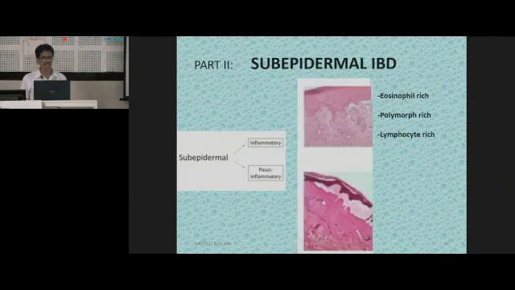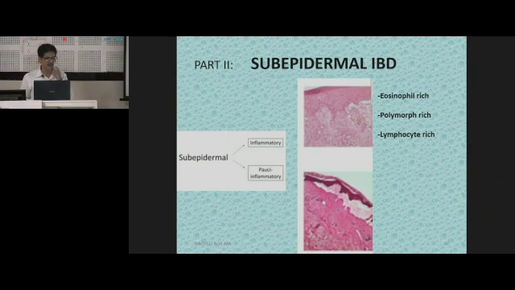But now the subepidermal immunobullous disorders. Subepidermal bullous disorders are definitely below the epidermis, at the region of the stratum basalis or beneath it, in the upper layers of the dermis, which is anchoring the epidermis to it.